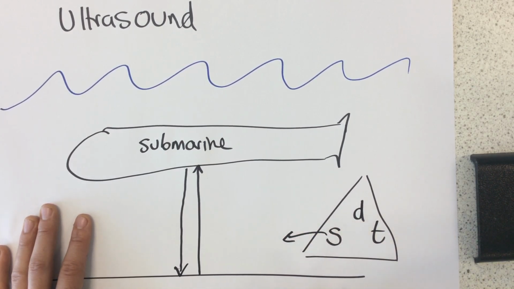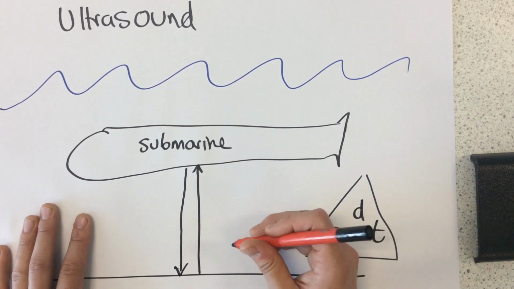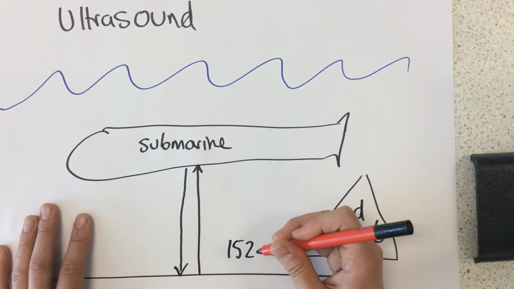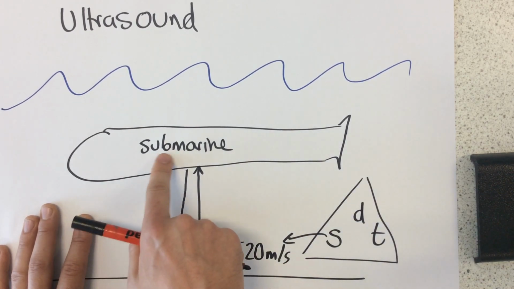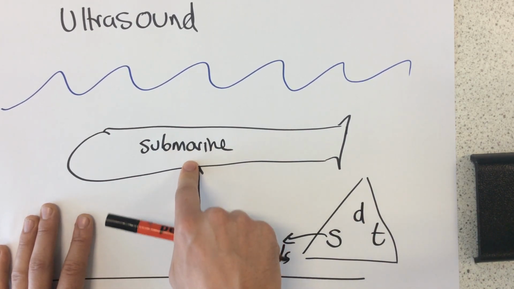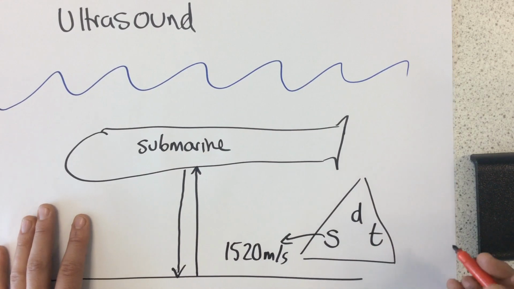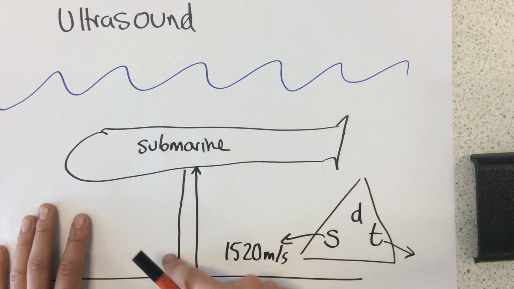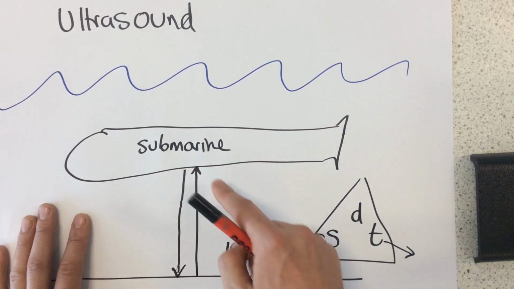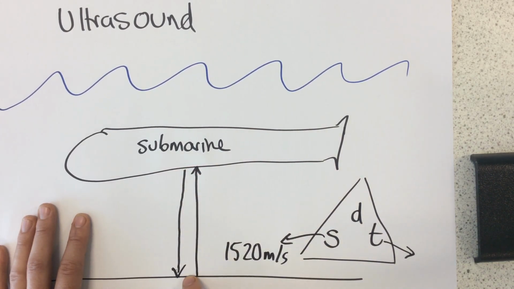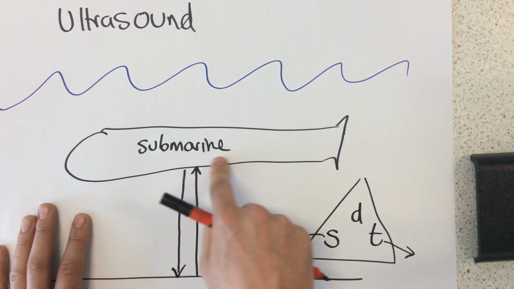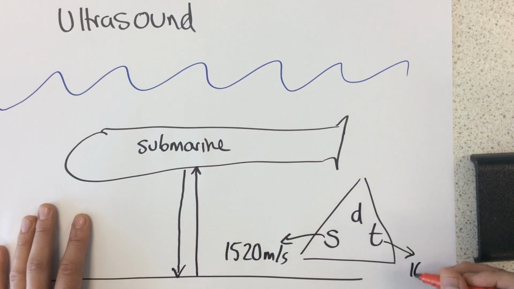The speed of sound in seawater is 1,520 meters per second. So that's just how fast this ultrasound is traveling through the water. So let's say in this particular instance, it took 10 seconds for the ultrasound to hit the seafloor and reflect back up and be detected by the submarine.